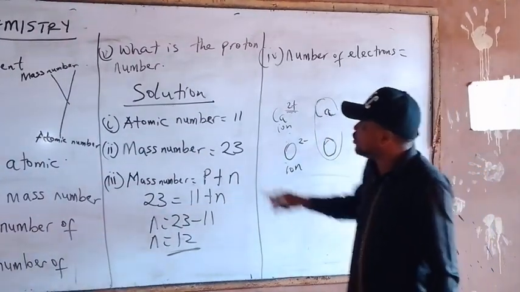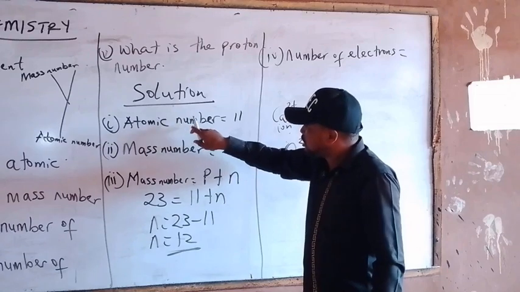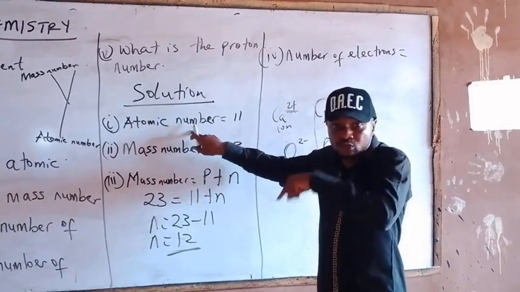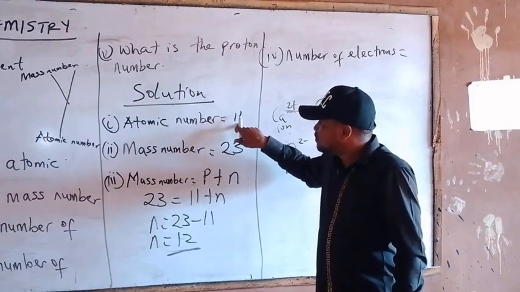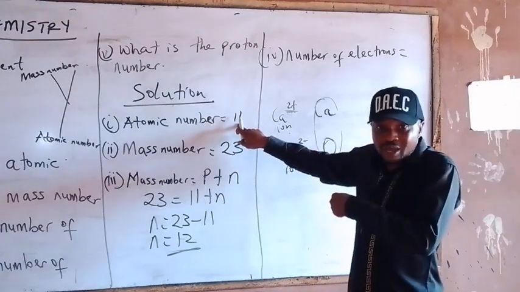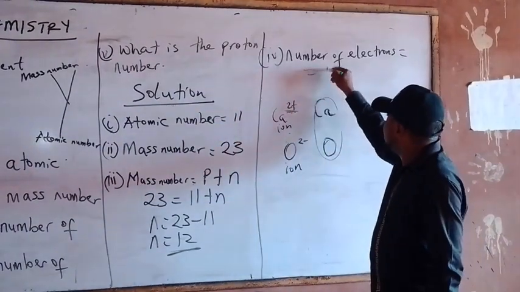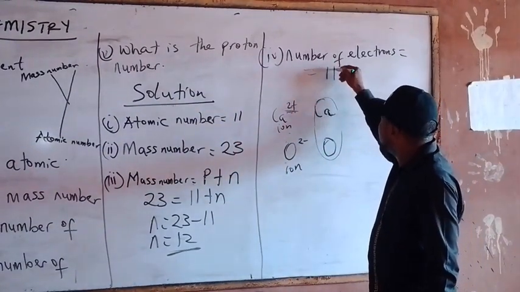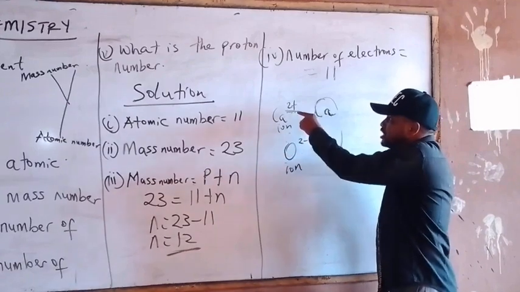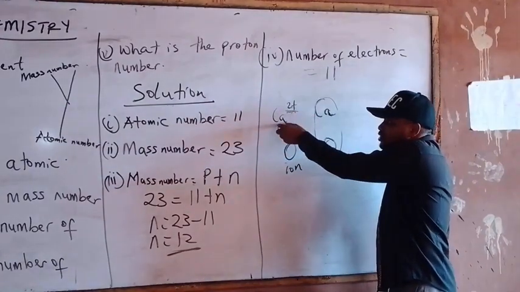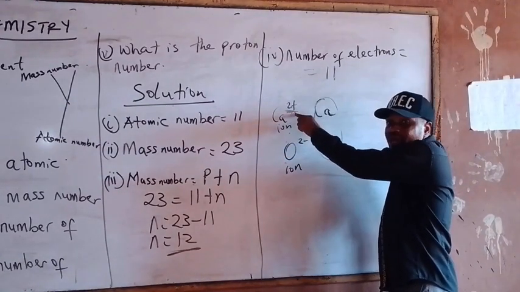So what is the number of protons, which is the atomic number? Don't forget atomic number is the number of protons in an element. So the number of protons, which is 11, is now the number of what? Electrons.